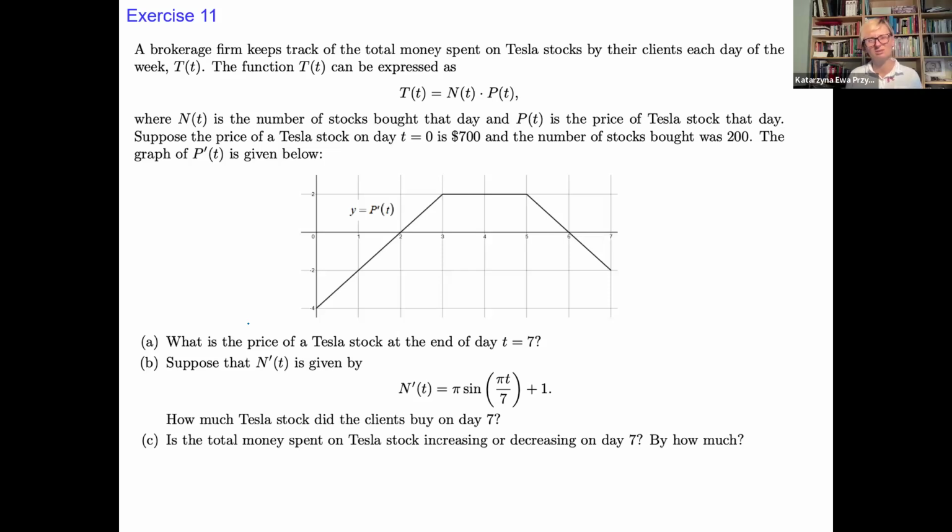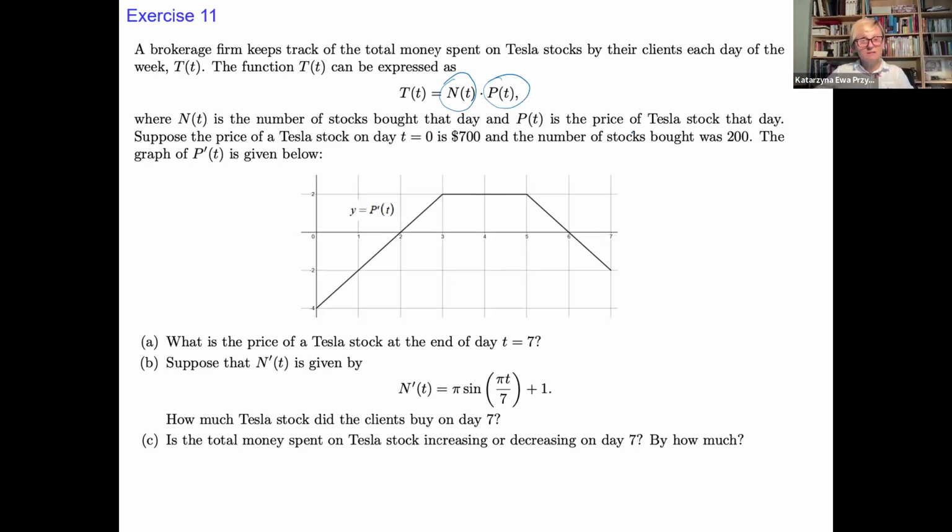The function for total money spent is expressed as the number of stocks, N of t, times the price, P of t, where N of t is the number of stocks bought that day and P of t is the price of the Tesla stock that day. It's the number and price, of course, total money spent.